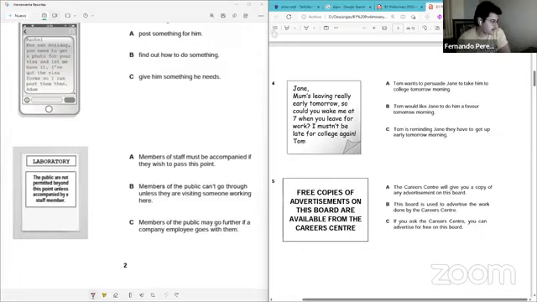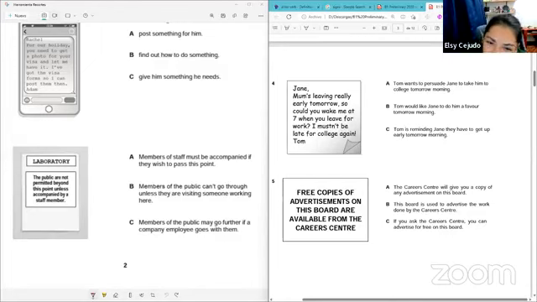Caesar also said letter B. Mom's leaving really early tomorrow, so could you wake me at 7 when you leave for work? I mustn't be late for college again. Tom wants to pursue Jane. You are correct, Elsie. Very good. How do you know that?